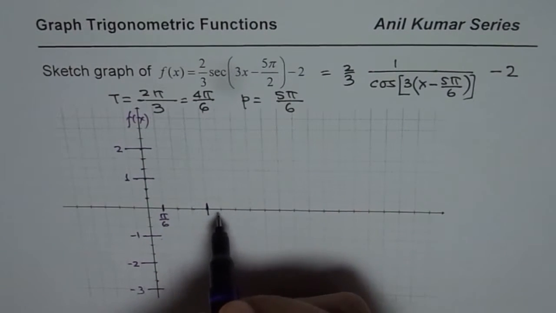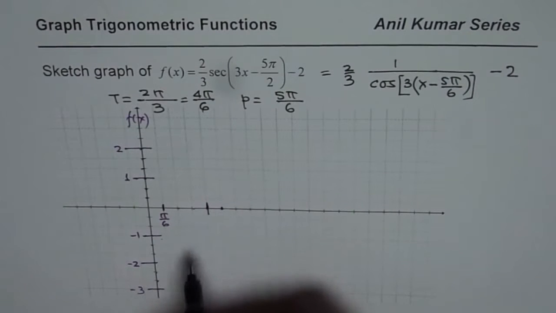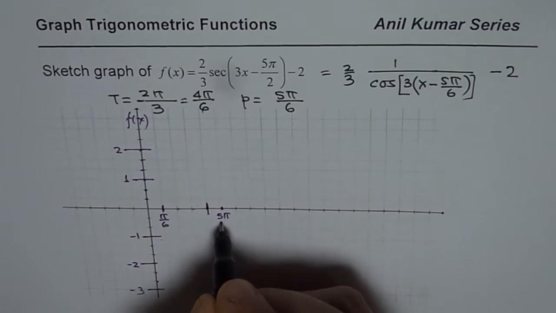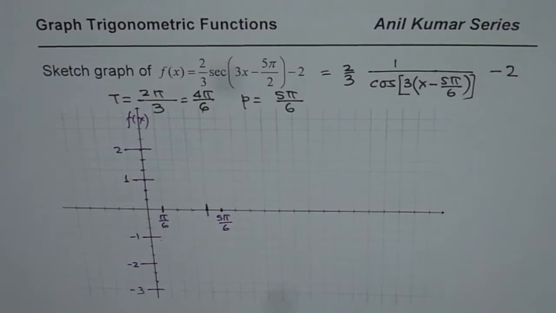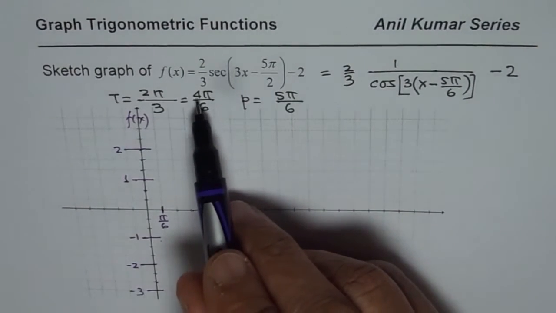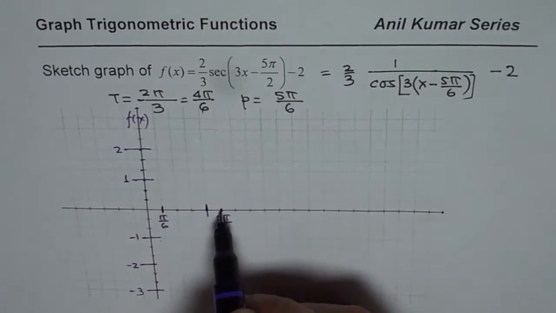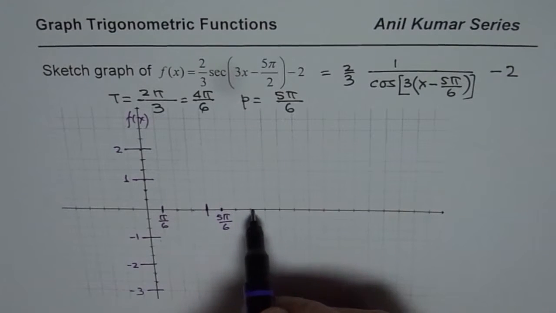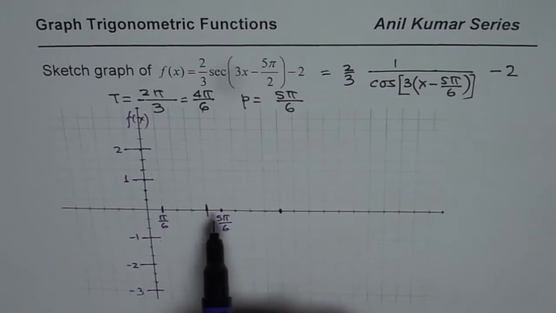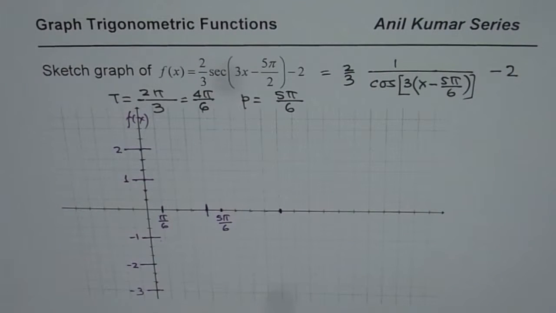Actually that's the wave. 5 pi by 6 is here. So the function starts from here. This is 5 pi by 6. Do you see that? And the time period is 4 pi by 6. So if it starts here, it ends at 1, 2, 3, 4 there. So this is one wave for us. We'll sketch one wave and then we can repeat it. That's the whole idea.